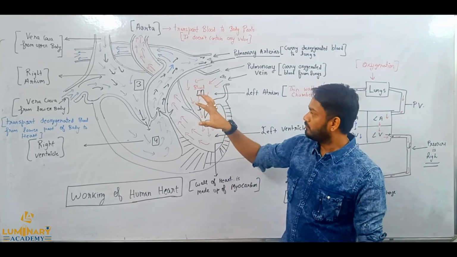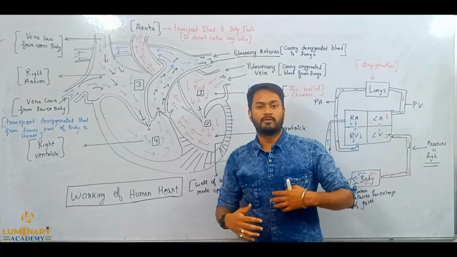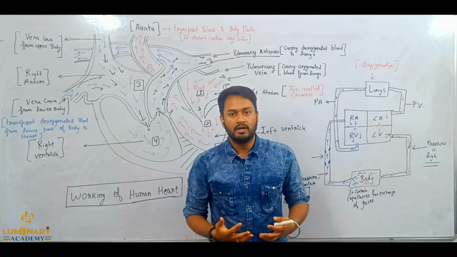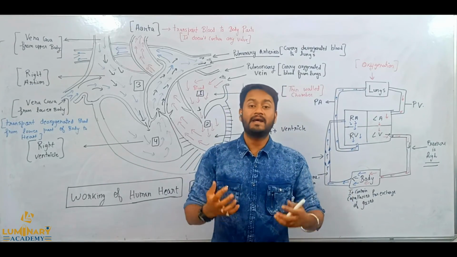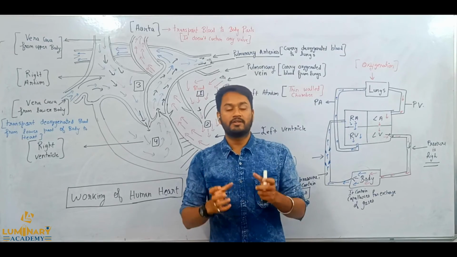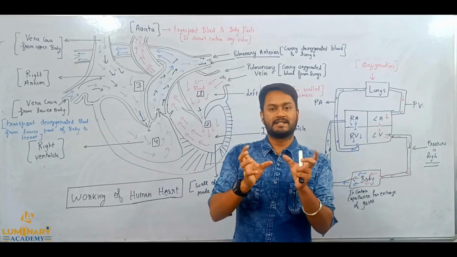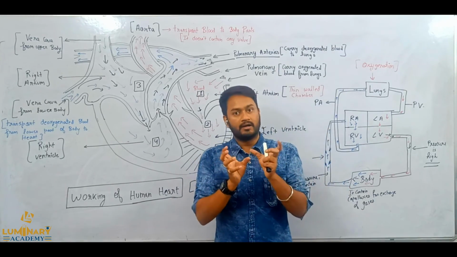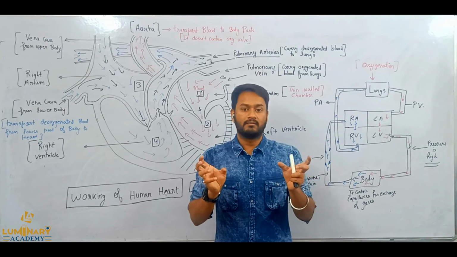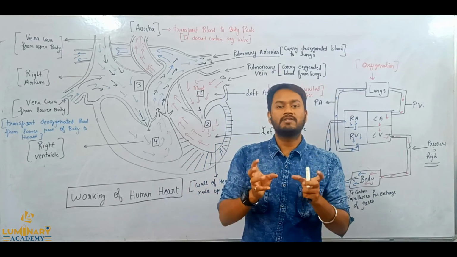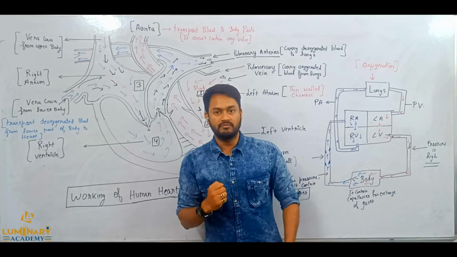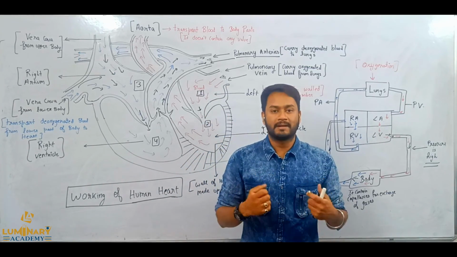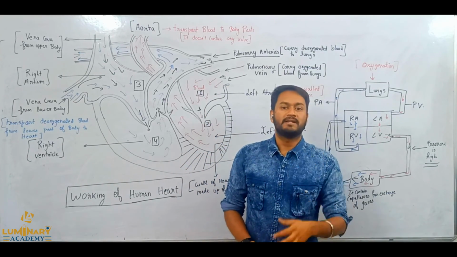Due to the continuous metabolism of our body, we require high energy, and that high energy is obtained only when the two gases, oxygen and carbon dioxide, are separated. When they are mixed together, they will not give us the efficient amount of oxygen required for the day-to-day metabolism in our body. So that is the main thing.